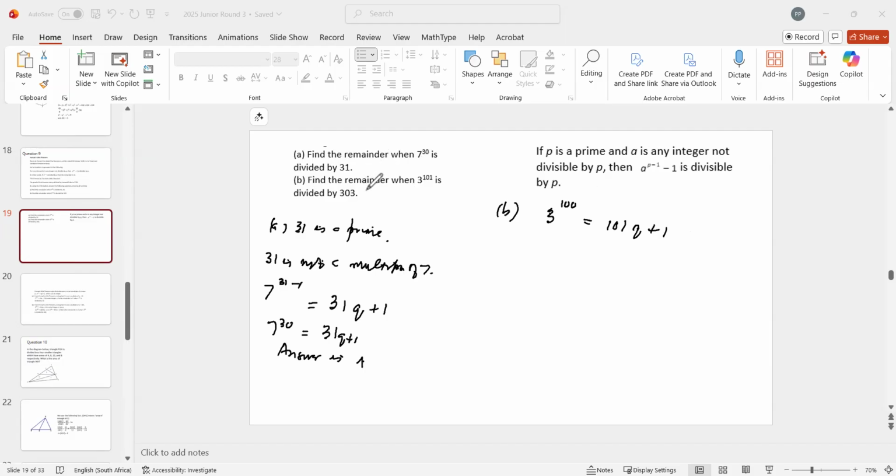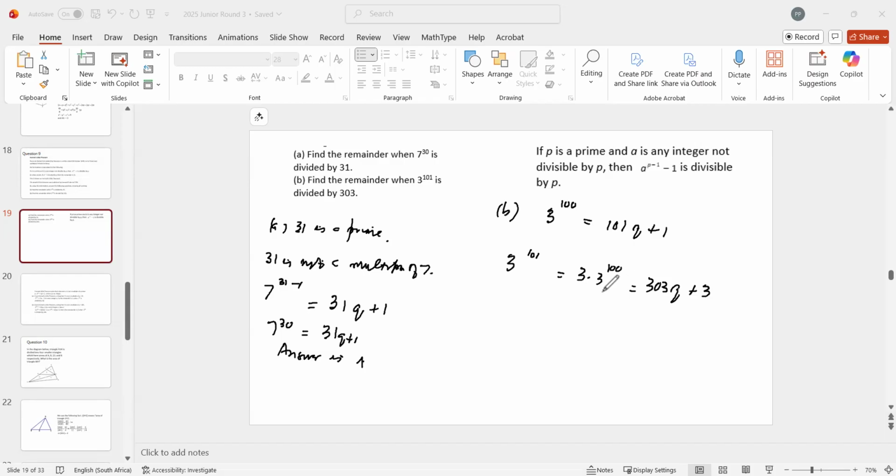Now, when it says here, find the remainder when 3 to the power of 101 is divided by 303. Okay, so I have to multiply this by 3 to get that. So 3 to the power of 101 is 3 times this. And that is 303Q plus 3.